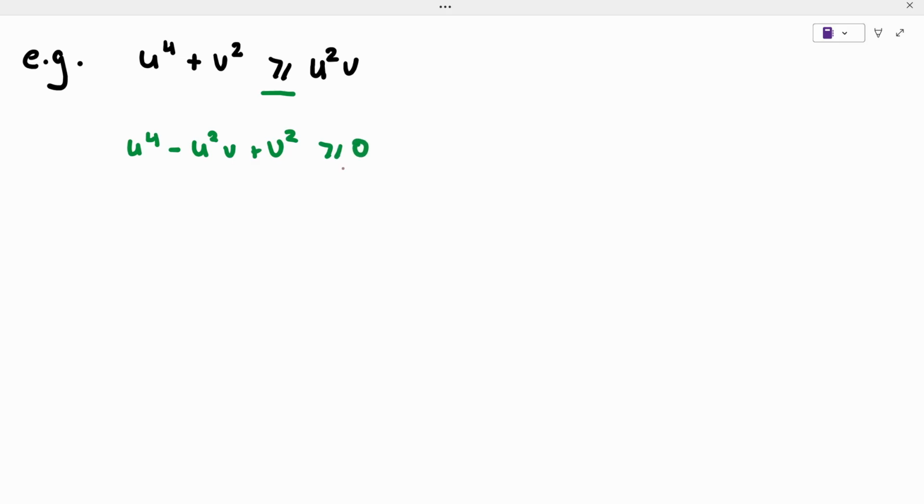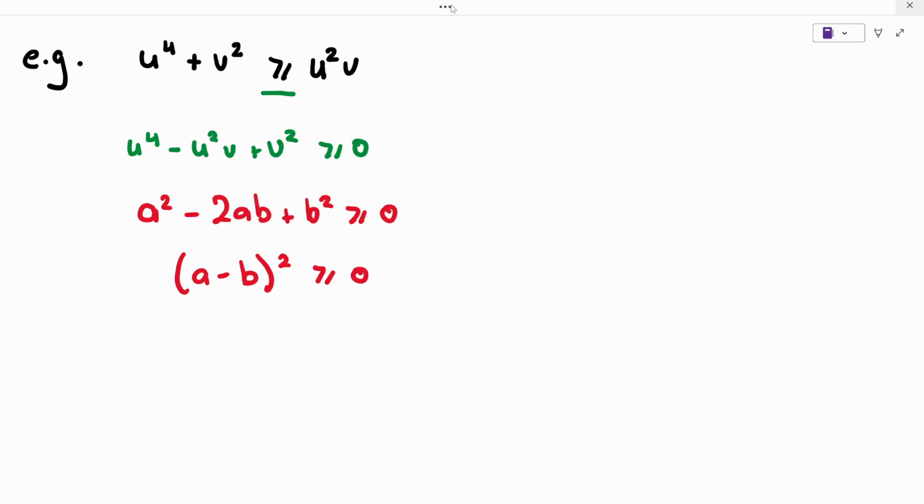And what you might notice is that this looks really similar to a^2 minus 2ab plus b^2 is greater than or equal to 0, or (a minus b) squared is greater than or equal to 0, which we of course know is true, right?